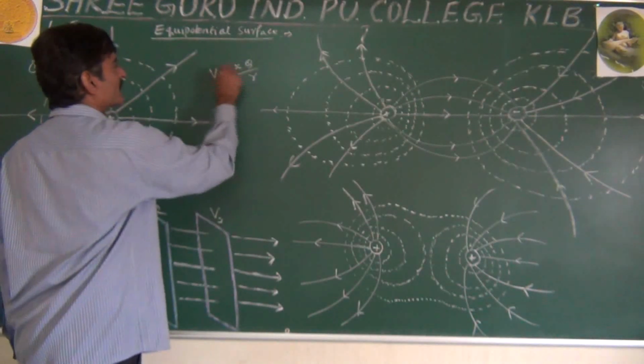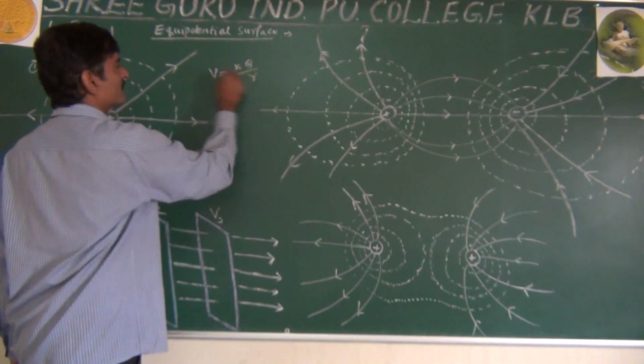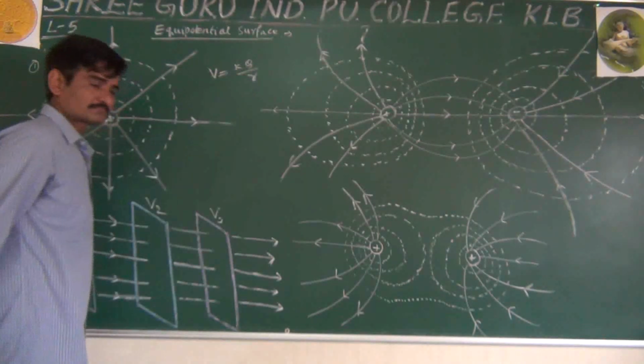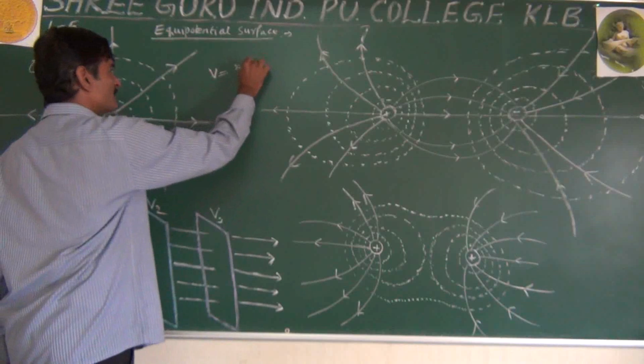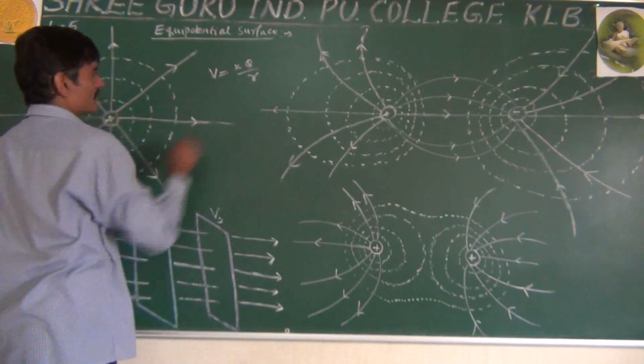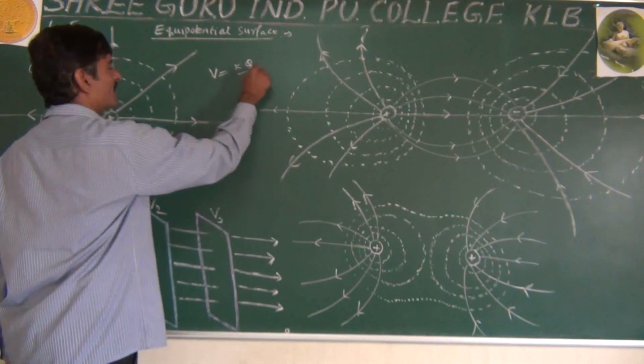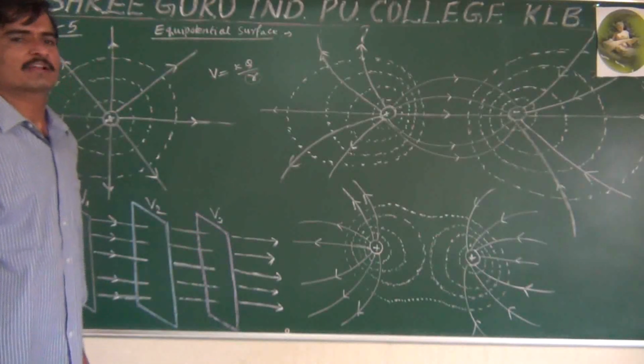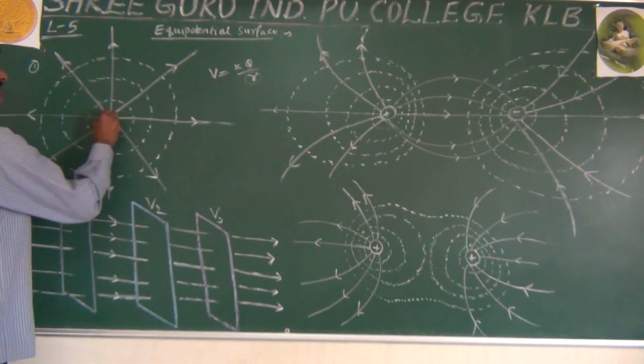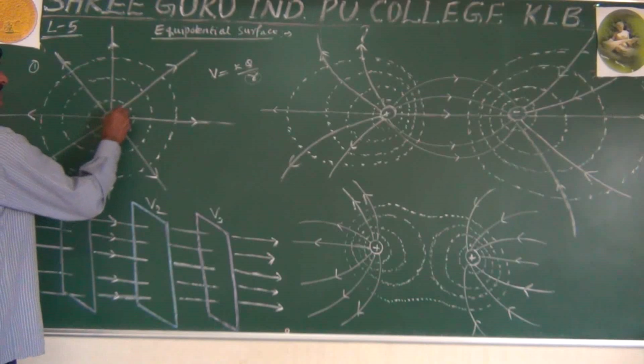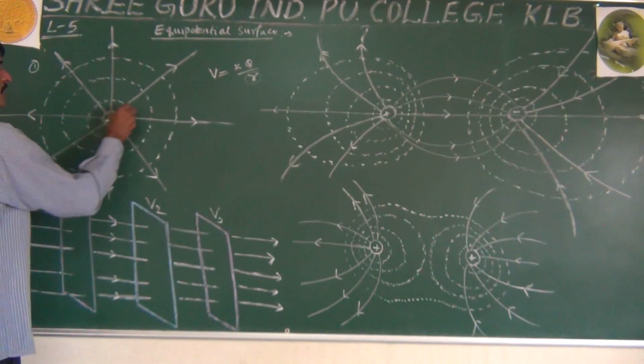From this we observe that electric potential depends on the distance R. For a given charge, if the distance R remains constant, then the electric potential will remain constant. This is a positive plus Q charge.